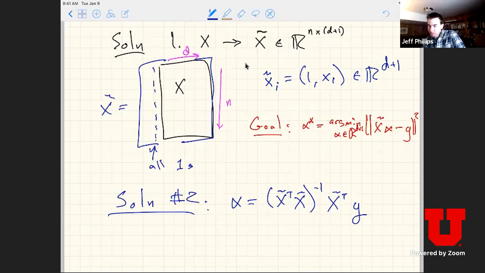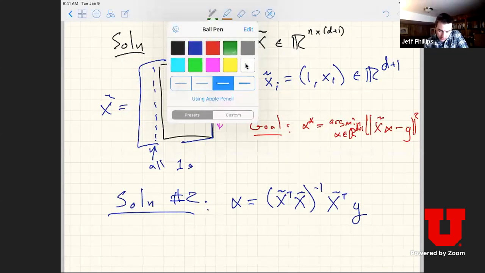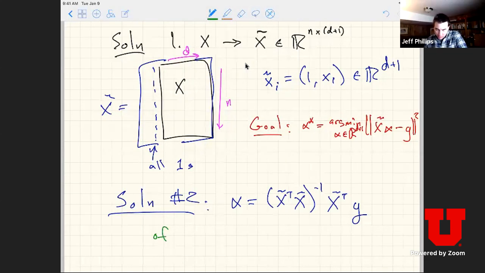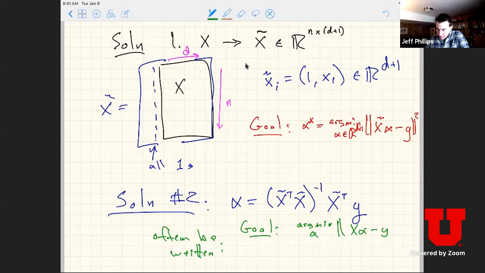When you say tilde is dropped, you mean that we will just use x, or that alpha equals y? Yeah, when I say tilde is dropped, it will often be written as the goal is just arg min over alpha of norm of x alpha minus y squared, and the solution is just going to be alpha equals x transpose x inverse x transpose y.